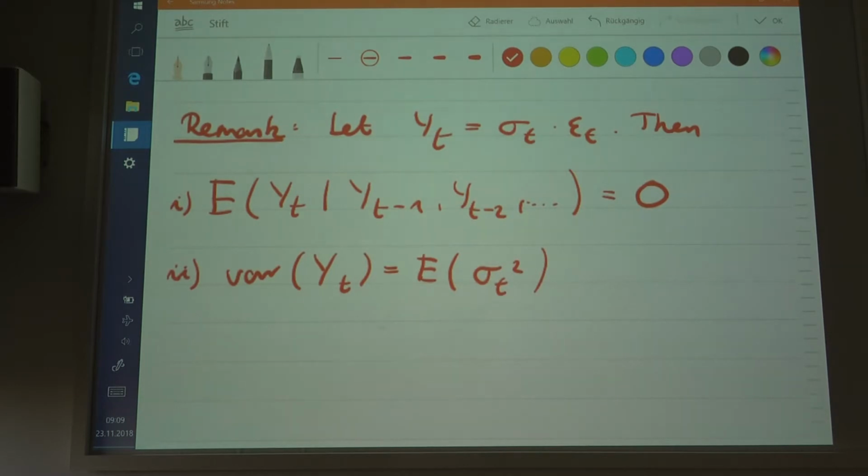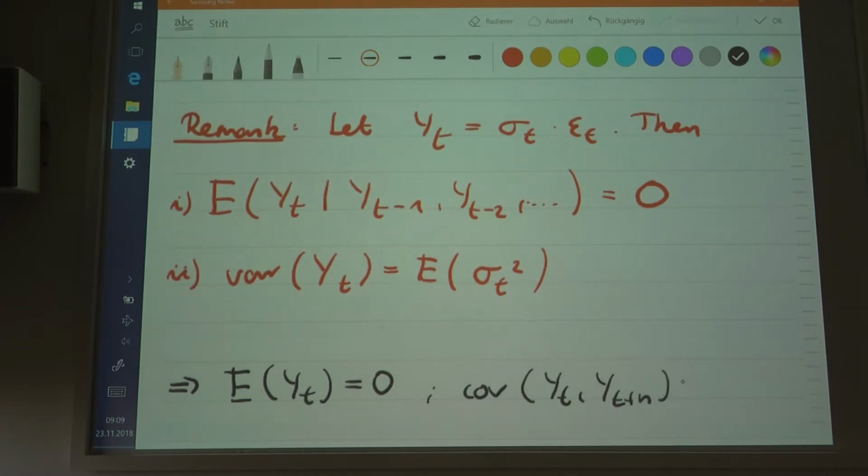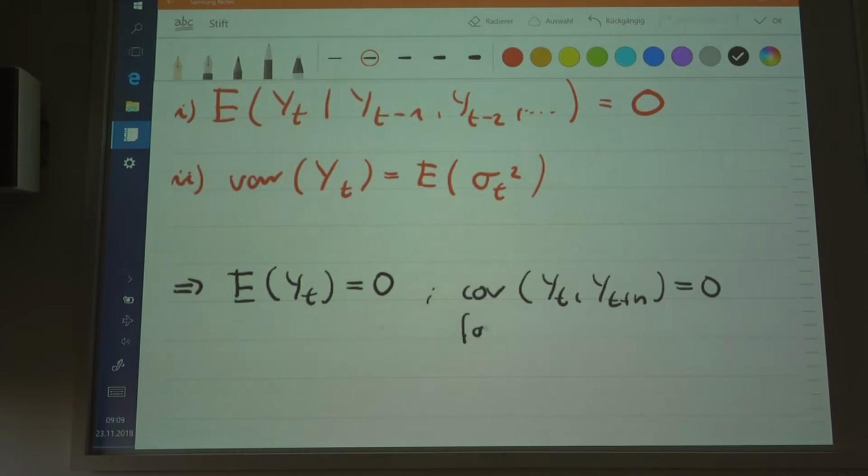If that is true, then this implies, on the other hand, that the unconditional expectation of the process is going to be 0, and the autocovariance is also 0 if the time lag is greater than 0.